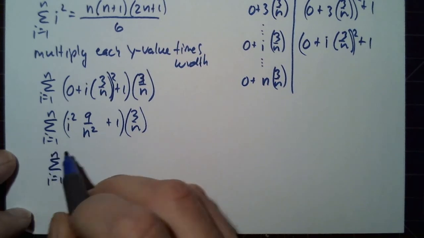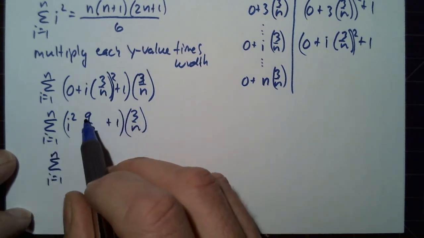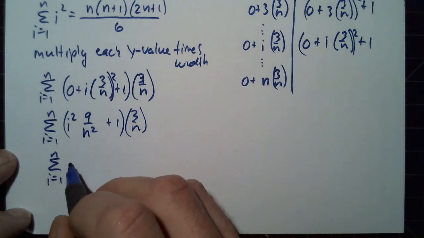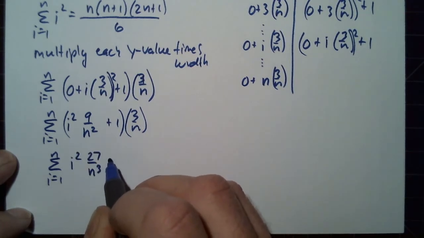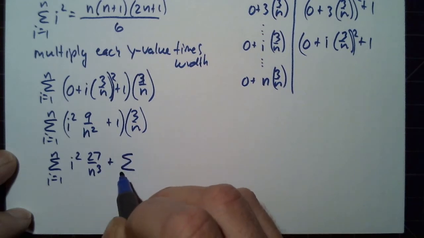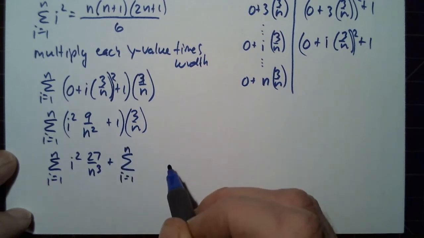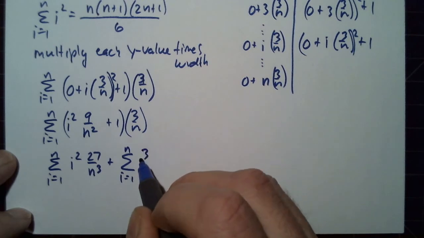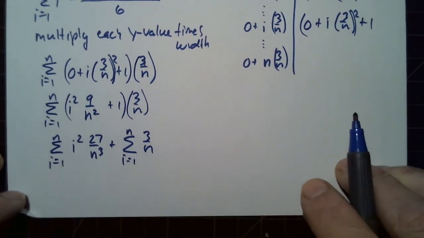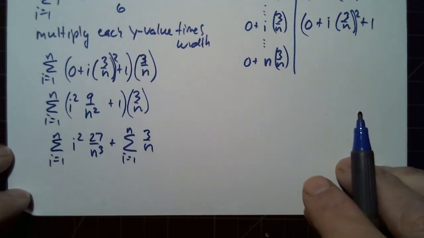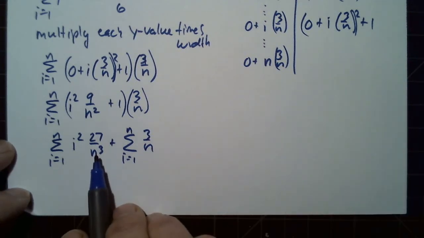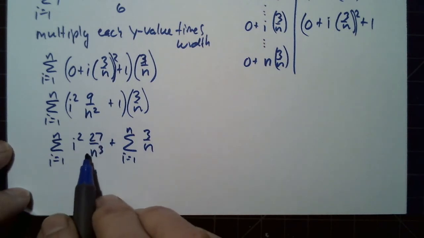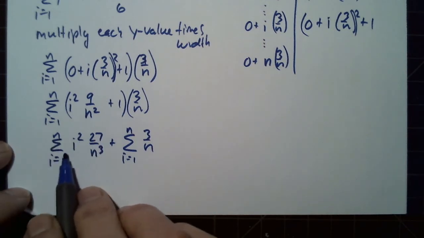And then we can distribute that, and we're going to have the summation, and that's going to be 27 over n cubed times the summation of i squared.